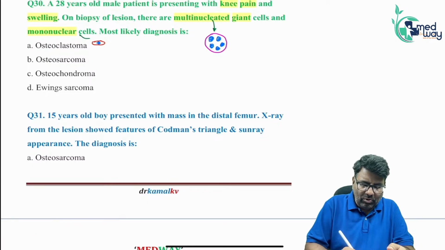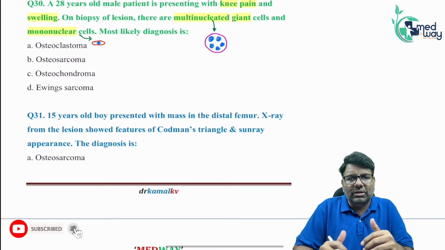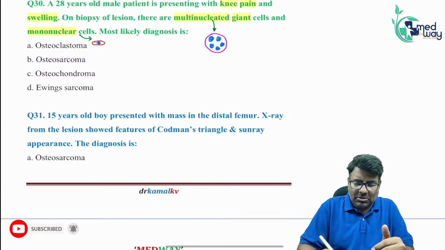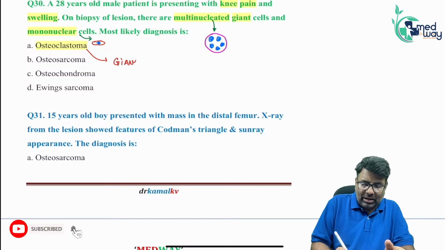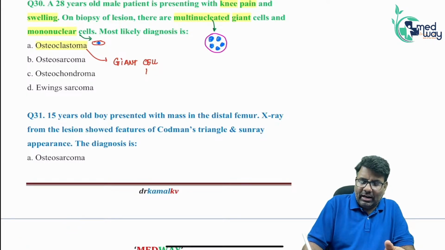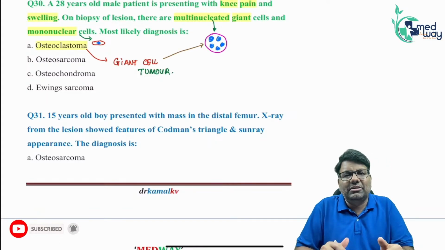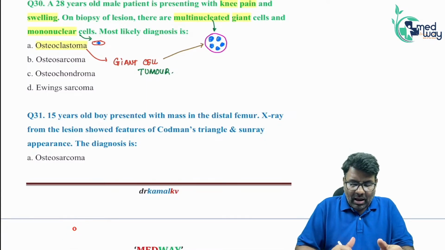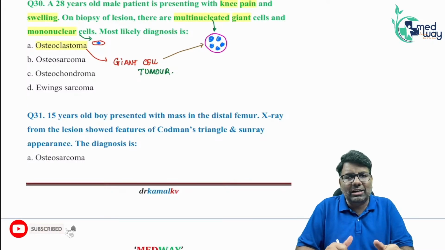These are mononuclear cells. So there is one tumor in which we have these types of cells in histology, and this tumor is actually osteoclastoma, which is also known as giant cell tumor. And the reason why it was called giant cell tumor is because of the presence of these multinucleated giant cells. And previously it was presumed that these are the tumor cells, and therefore this nomenclature was given.